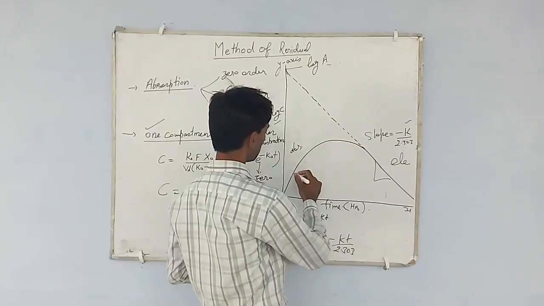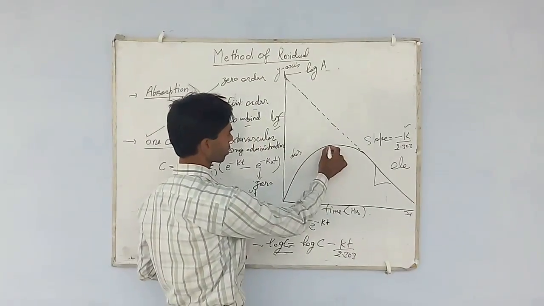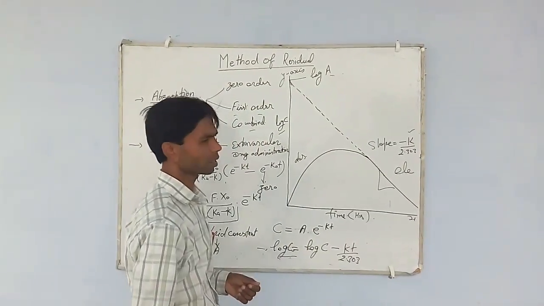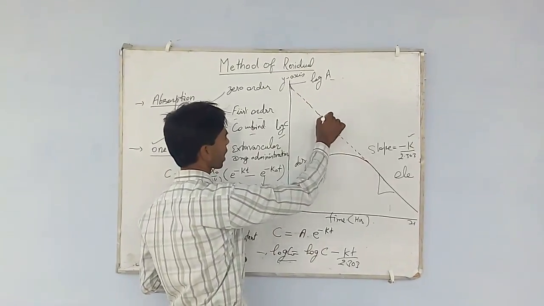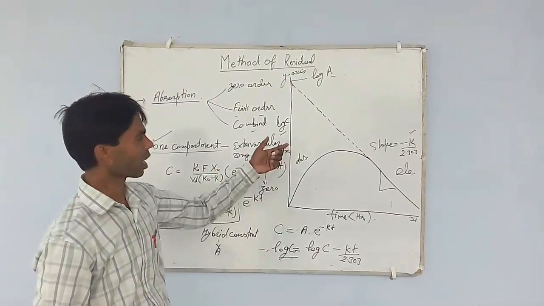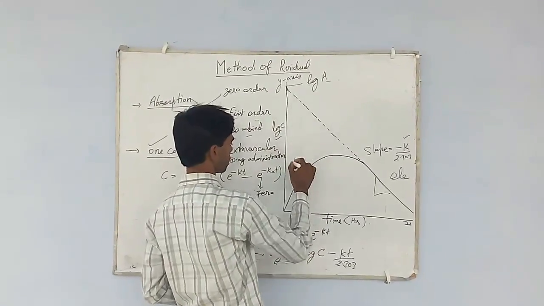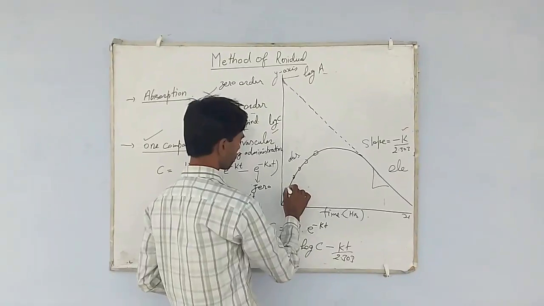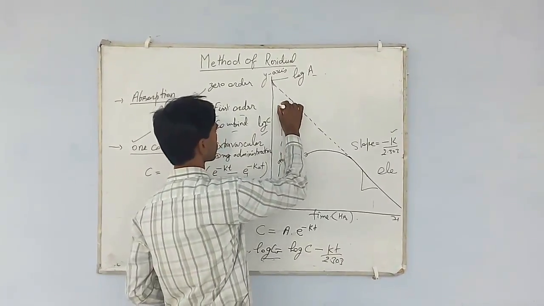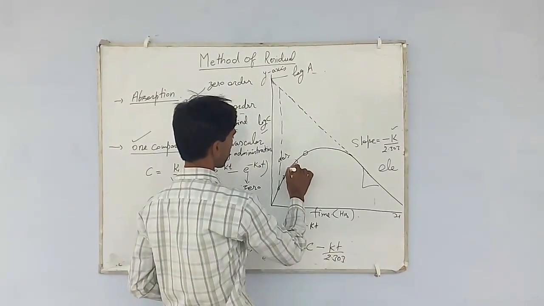Then the actual data of the absorption phase is differentiated from the back extrapolated line, and the points are extrapolated to intercept the extrapolated line.